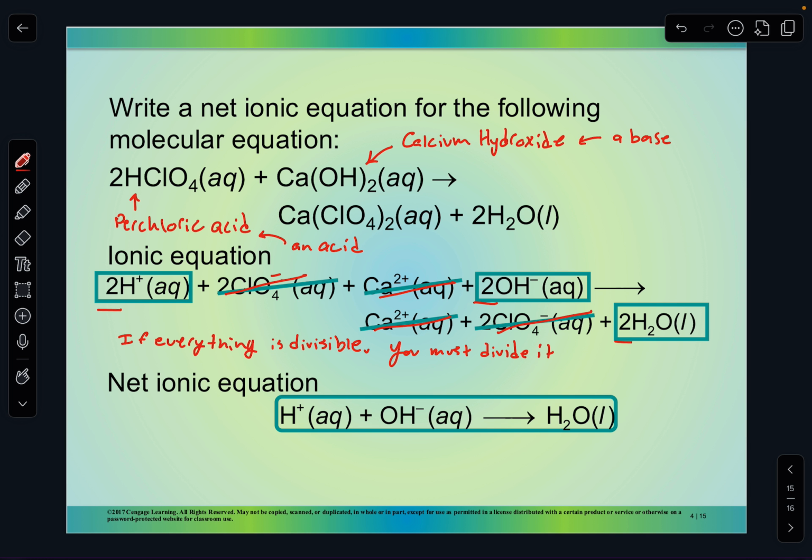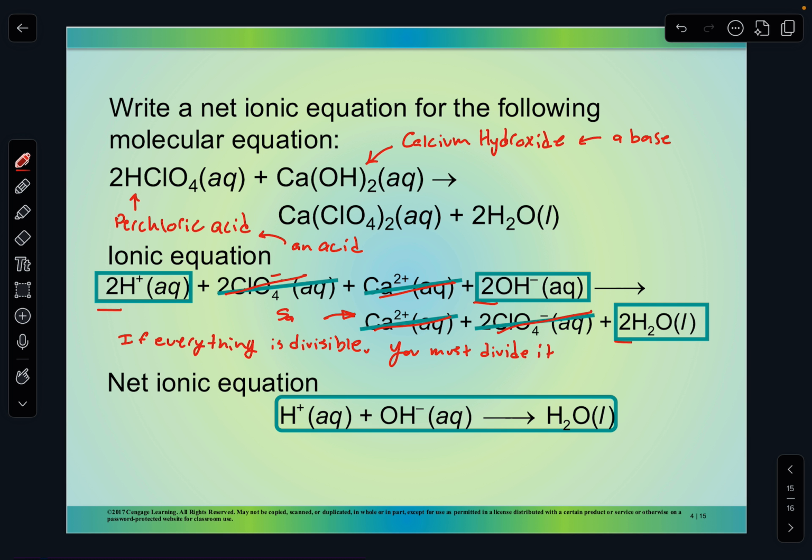Every time you have an acid and a base that react together, you will make a salt at the end. So CaClO4, well, that's not quite right. That's supposed to just be 1. But every time you get that, you end up having the same.